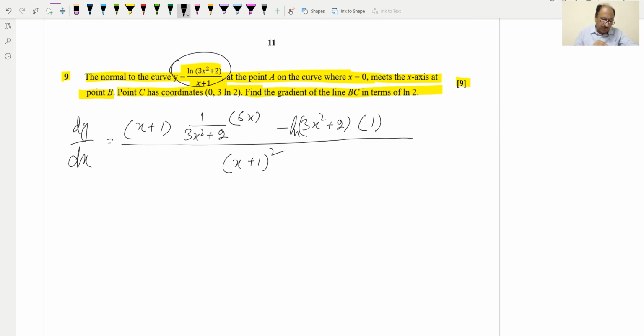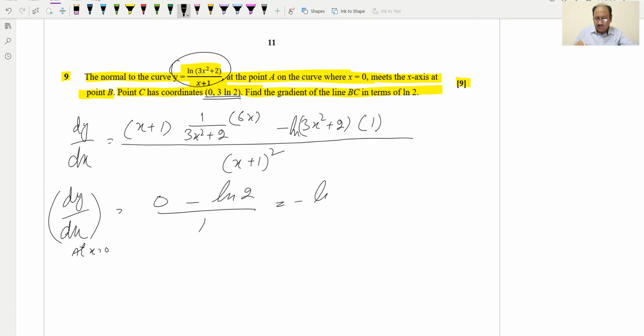Now dy by dx at x is equal to 0 will be: this term will be 0 because it is being multiplied by x, and minus log of 2 divided by 1, so we can write it as minus log of 2.